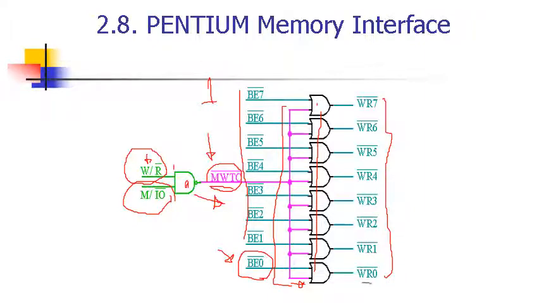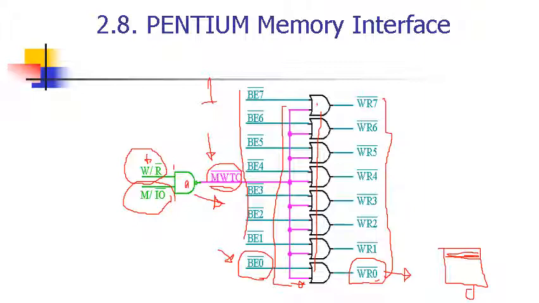So this is the only 0 here, the write strobe of the 0 bank. So in this case, you are trying to write 8 bits into the 0 bank, and this is the only bank which is active, so you write your 8 bits.